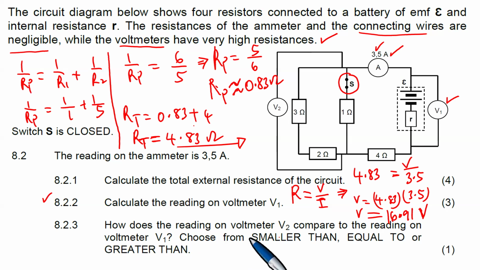How does the reading on voltmeter V2 compare to the reading on voltmeter V1? Choose from smaller than, equal to, or greater than.